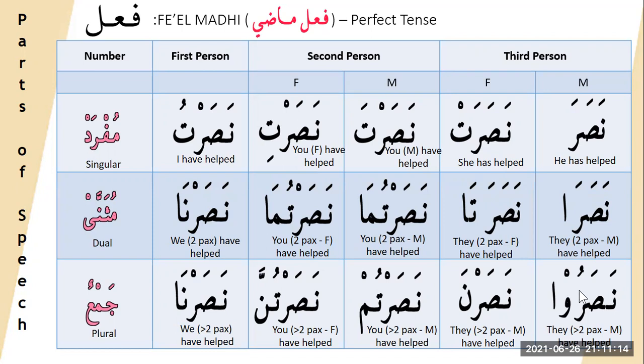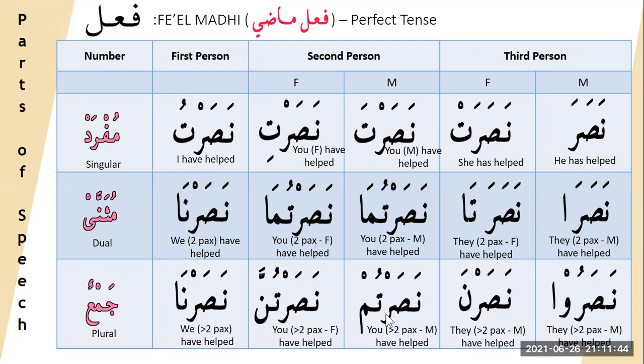Normally in the Quran, nasara, nasaru, and nasartum, which means only 5 that you need to focus on, and nasartu, nasarna, meaning the first person singular, I, nasartu, I have helped. Nasara, he has helped, and nasaru, they have helped.